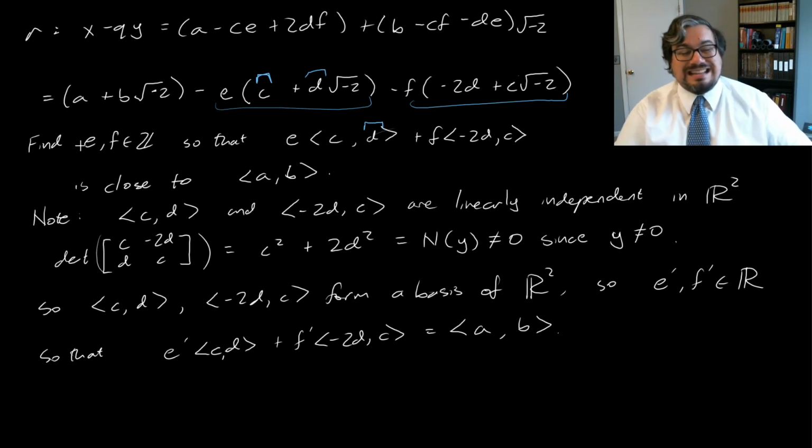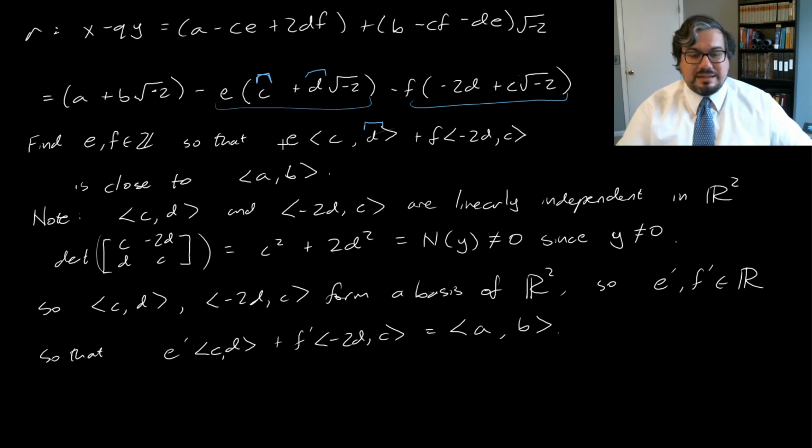We're trying to find integer E and F that make the linear combination E times c, d plus F times negative 2d, c close to the vector a, b. Here we can find real numbers that will make them exactly equal the vector a, b.